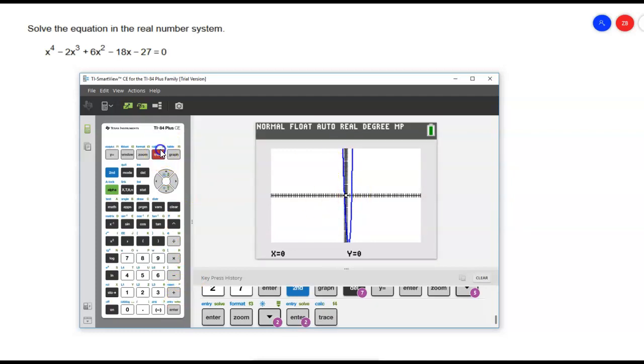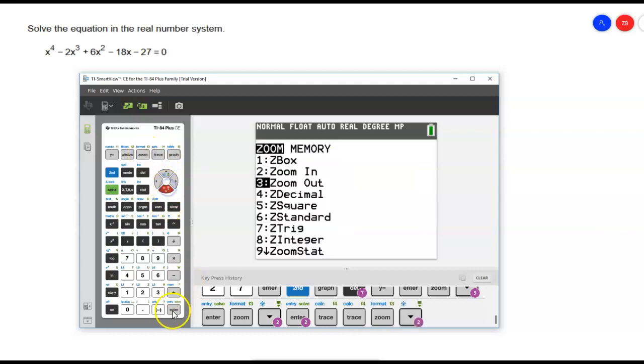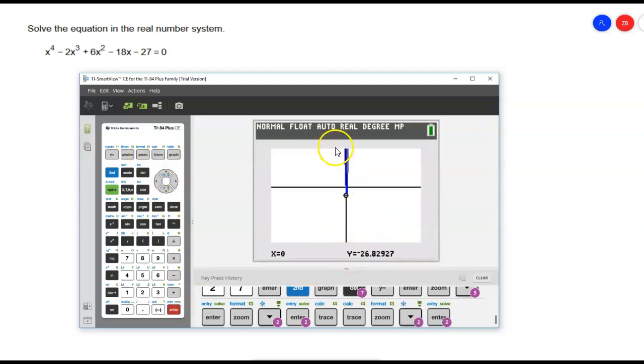And as I zoom out here, I notice that it looks like, and it's kind of hard to tell, but it looks like I'm only going to have 2 real zeros, because it looks like it's only going through the x-axis 2 times.